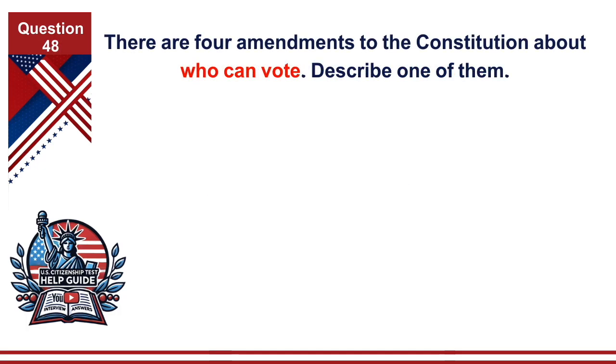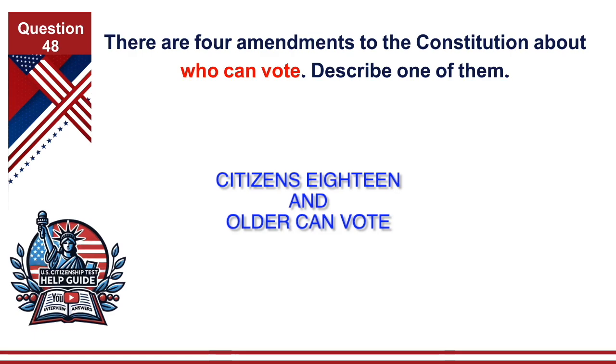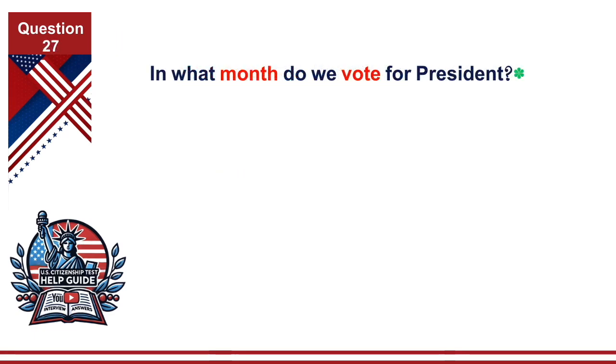There are 4 amendments to the Constitution about who can vote. Describe one of them. Citizens 18 and older can vote. In what month do we vote for president? November.